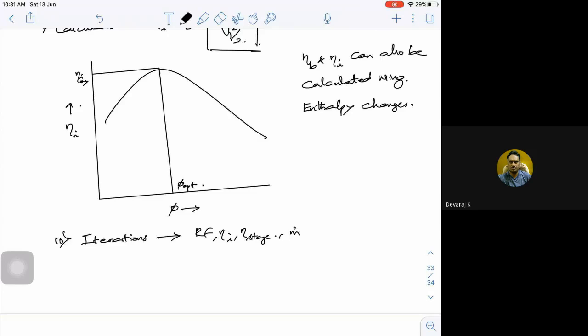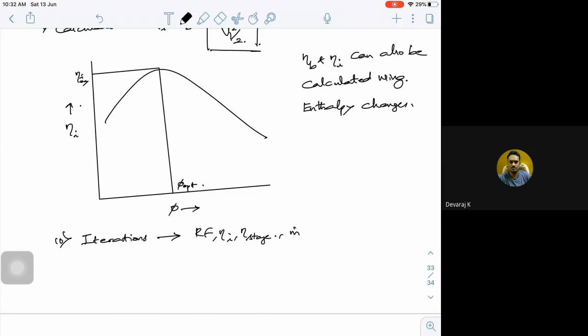If you look at most of the impulse machines, the diameter may be 1 meter or 0.5 meter or 0.8 meters. So this will be my critical thing, and this criticality also depends on your striking angle, that is your flow angle, and also what should be the width of the blade, and the density of the steam entering.